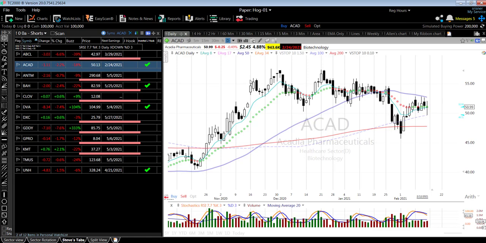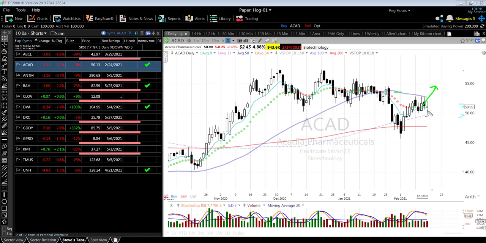ACAD, Acadia Pharmaceuticals. We did a move down to the 200. We bounced a little bit here. We can go either one of two ways on this. We could either go up and go back into this zone and consolidation, and I'll kind of call it resistance, and I don't want to get involved to the long side here.